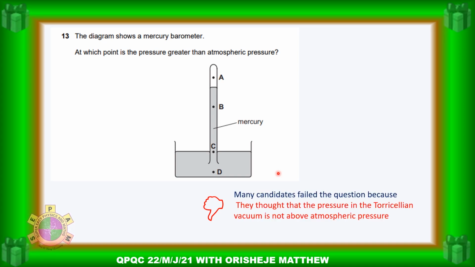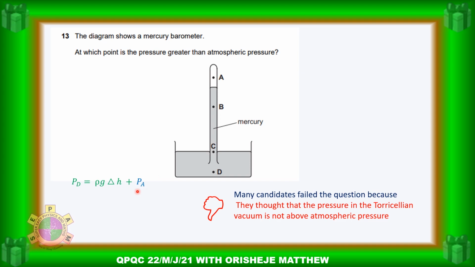They thought that the pressure in the Torricellian vacuum is not above atmospheric pressure, so most of them picked option C. But what you should know here is, when you ask which point has the greater pressure, which point has pressure greater than atmospheric pressure?